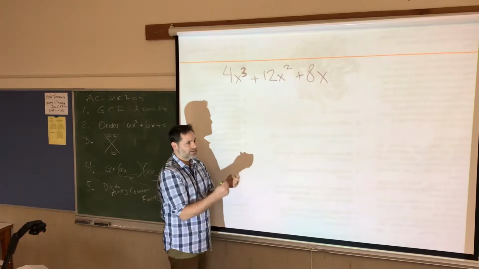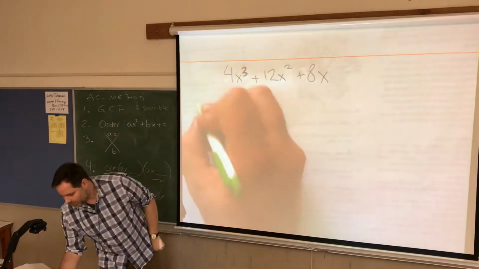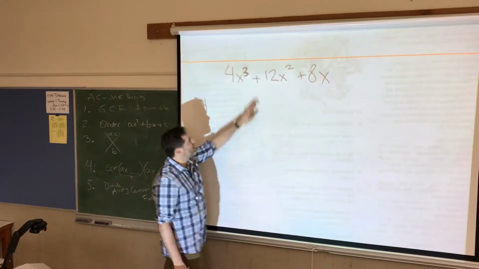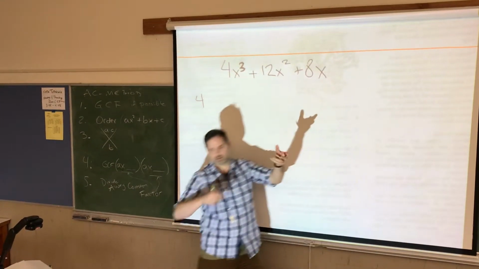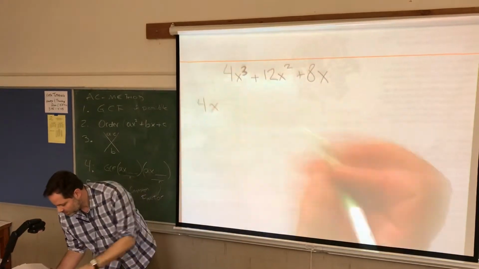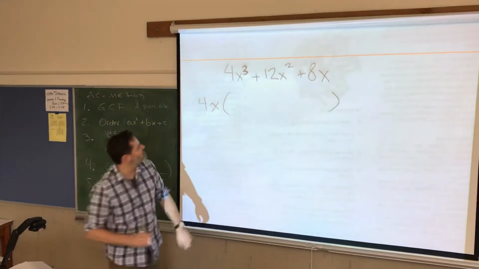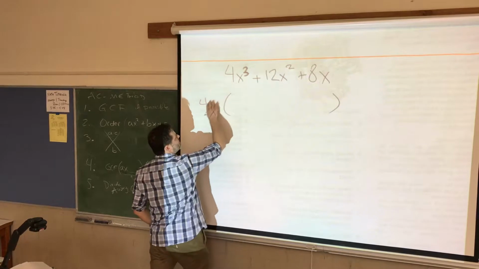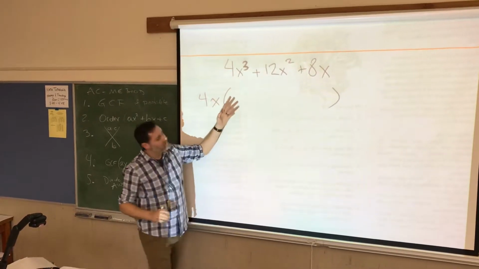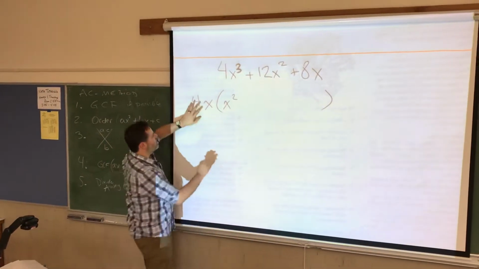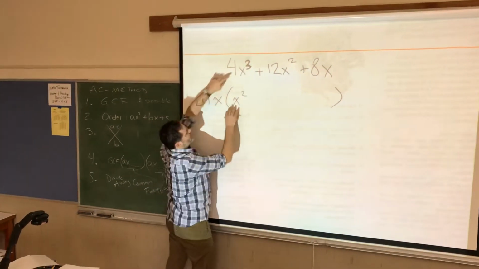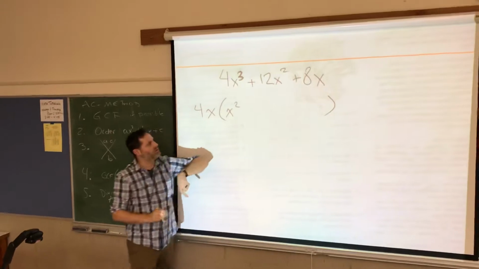You want to take the biggest number out, 4. But also, look, x to the third, x squared, and x. Every one of them has an x. Pull that out. Okay, let's see what's left. Pulling out the 4 and an x leaves behind just x squared. Just to check that, 4x times x squared would have given me back the 4x to the third.